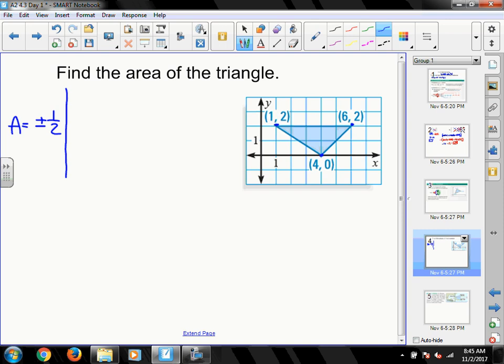So if I start with 1, 2, and that third column is all ones, then I'm going to move over to 4, 0, working to the right. So I'm going to get 4, 0, 1, and the last point is 6, 2. So 6, 2, and of course our 1 for the last column.